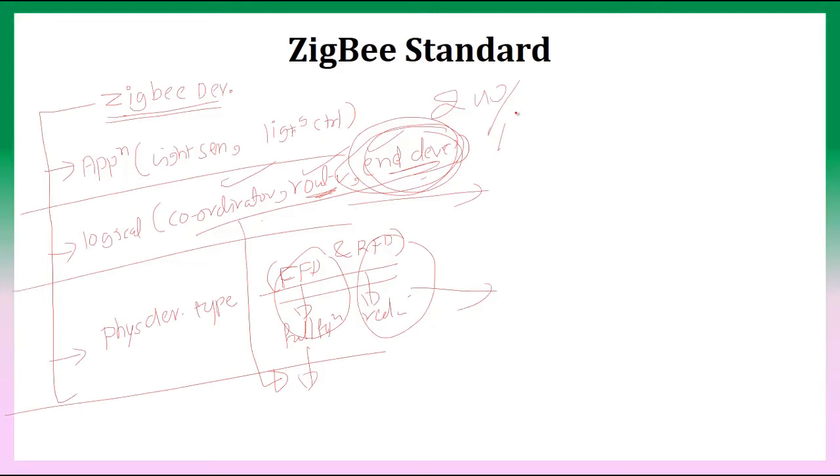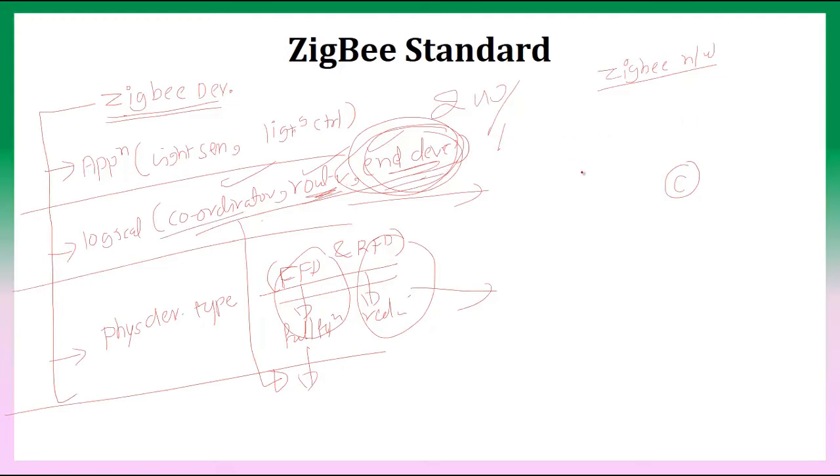If I need to draw the kind of network, I'll roughly draw a diagram of a ZigBee network. It will comprise these three logical devices: coordinator, router, and end device.